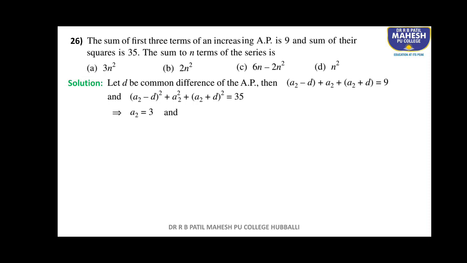Here we have 3a2 square plus 2d square remaining on the left hand side, equal to 35. Now applying the value of a2 here, we have d is equal to 2.